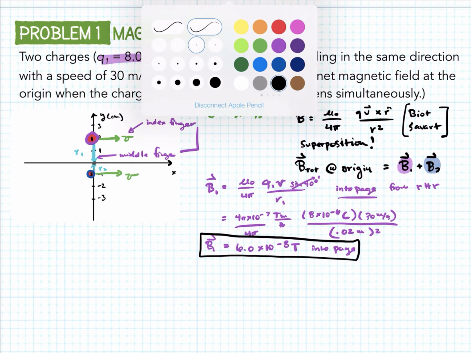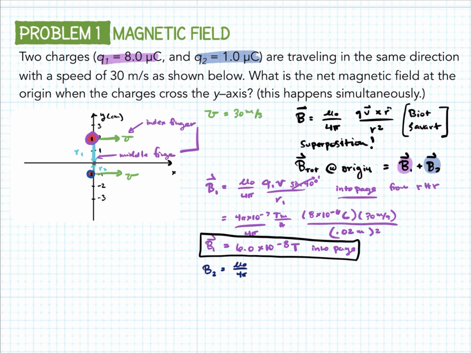All right. B2, we do the same thing, but we plug in different values. So that's Q2 V, still sine of 90 degrees. So that's going to give us not 0, but 1, divided by R2 squared. So that's 1 times 10 to the negative 7th Tesla meters per amp. You can see we simplified the 4 pi divided by 4 pi.